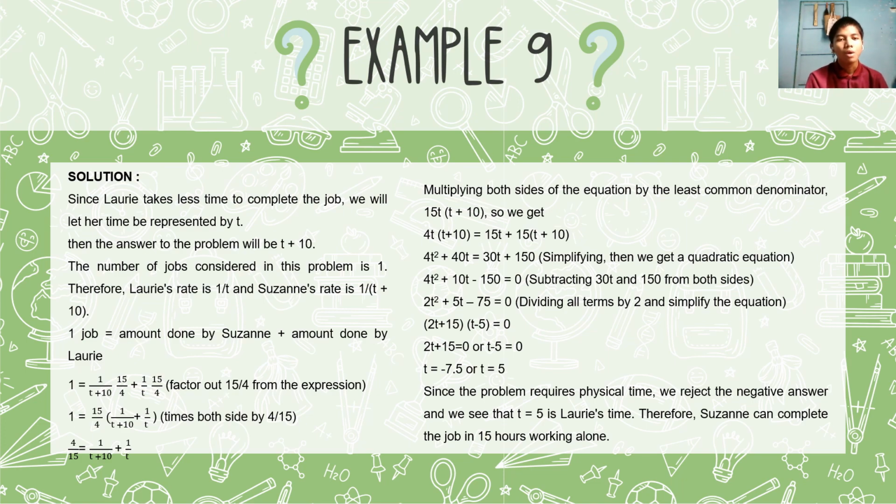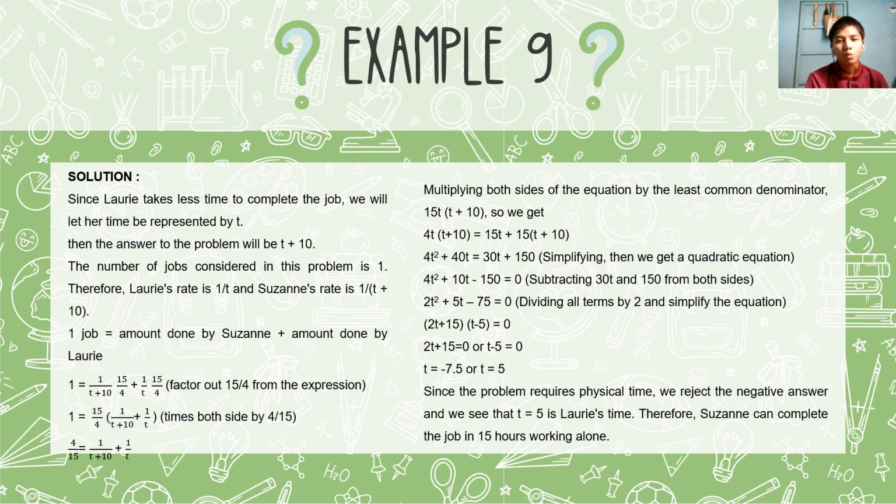So we got 4/15 equals 1/(T+10) plus 1/T. Multiplying both sides of the equation by the least common denominator, 15T times (T+10). So we got 4T(T+10) equals 15T plus 15(T+10).